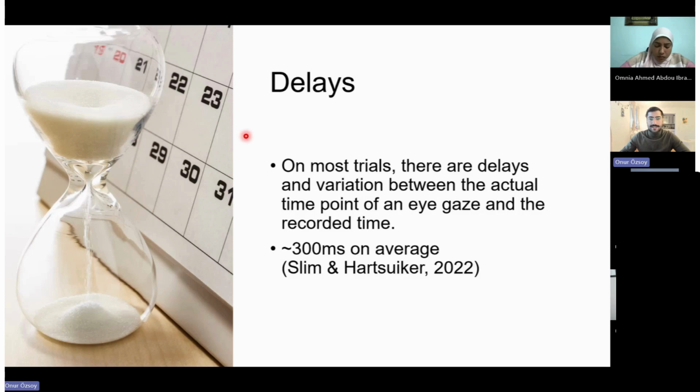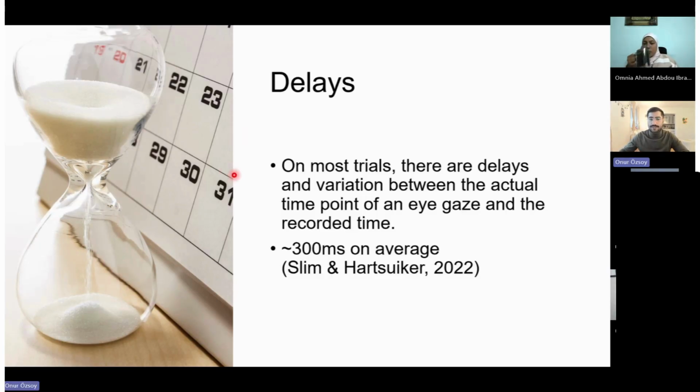One of the problems that can happen with webcam-based eye tracking is that there are usually delays depending on variation between people's different computers, different webcams, internet speed, etc. But this is something that you can usually find out after the study and then subtract from your data, so you make sure that the delays are removed.